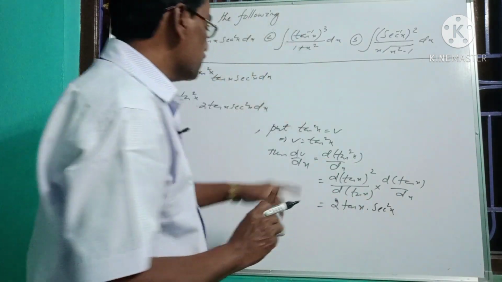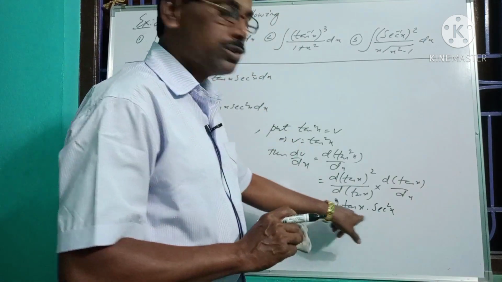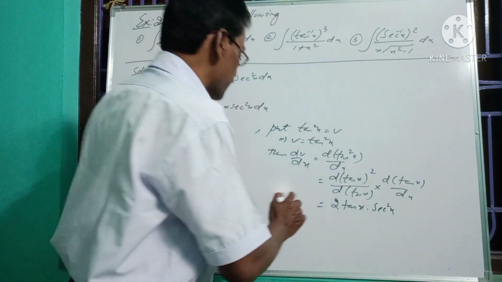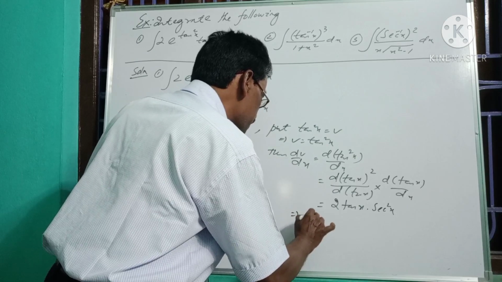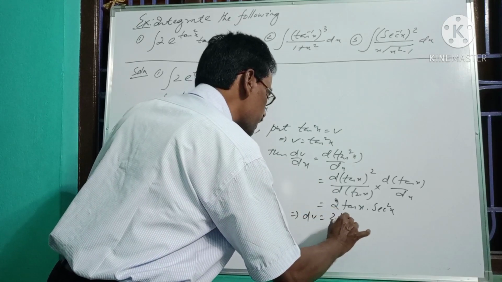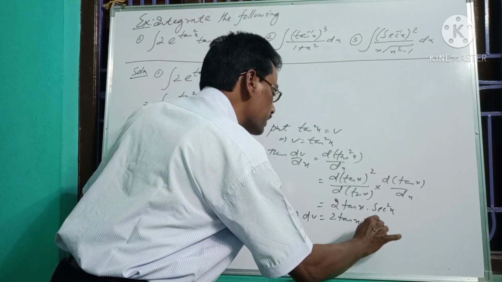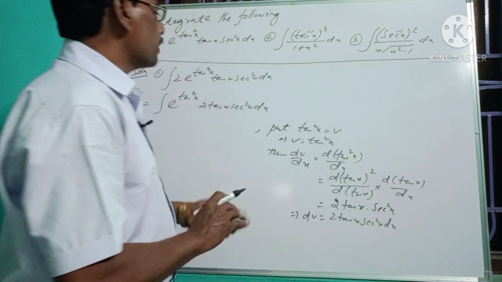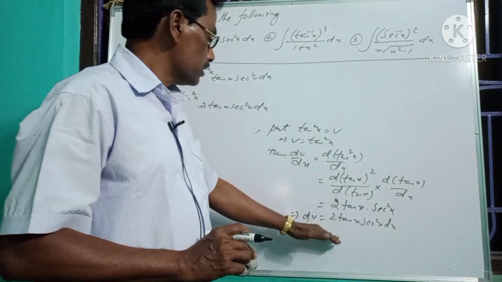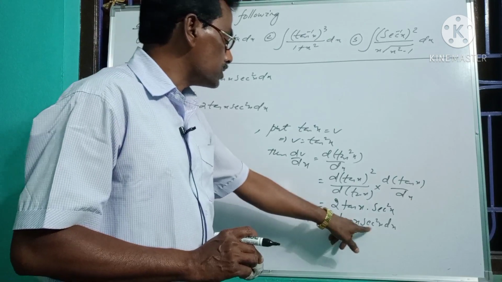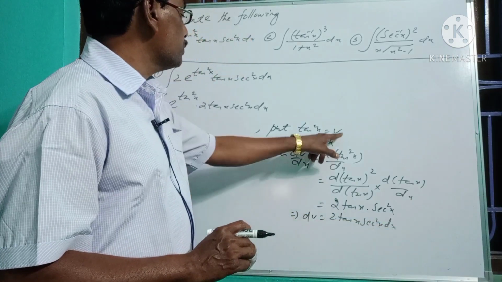So we got dv by dx is equal to 2 tan x into sec square x. Simplifying again, we have dv is equal to 2 tan x into sec square x into dx. So after differentiation, we got 2 tan x into sec square x dx is equal to dv, and again v is equal to tan square x.